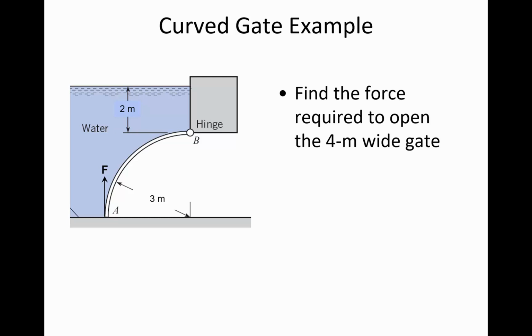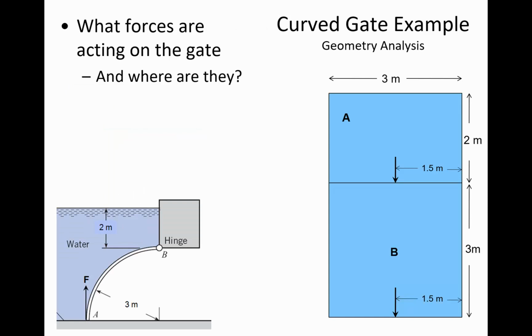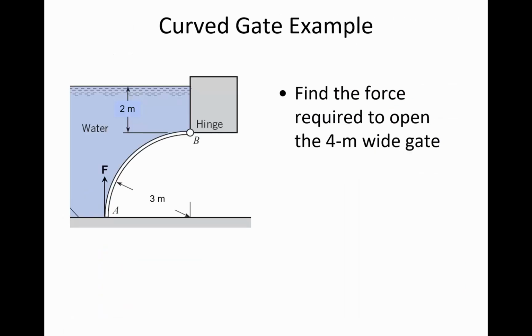We're going to go through the same process that we did in the last example. We're going to consider the horizontal forces and the vertical forces, and also the location of those forces. The first thing you should be thinking when you see this is breaking up the shapes for the water that's above the curve.